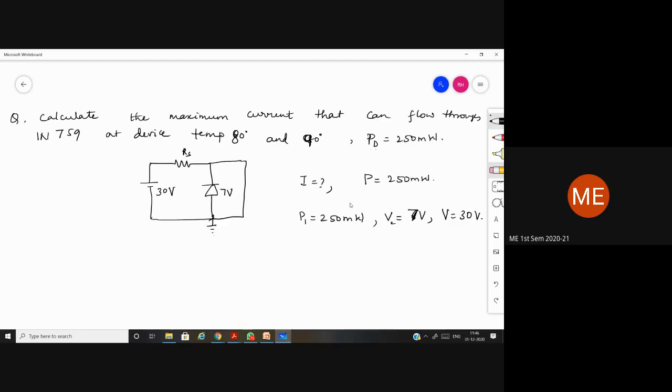Basic formula P is equal to V into I. I want I, so rearrange it. I is equal to P by V. P is 250 milliwatt and which V do we need to take, 30 volt or 7 volt? 7 volt, because I am finding the maximum current through the diode. That's why I need to take 7 volt.